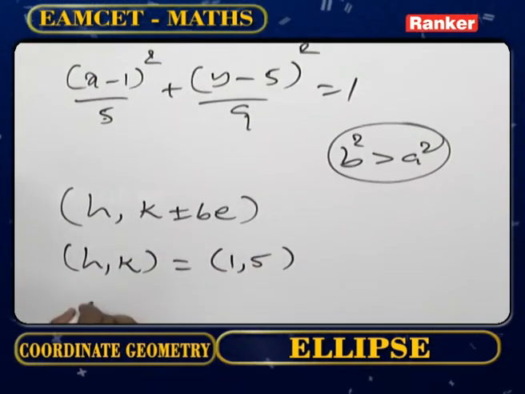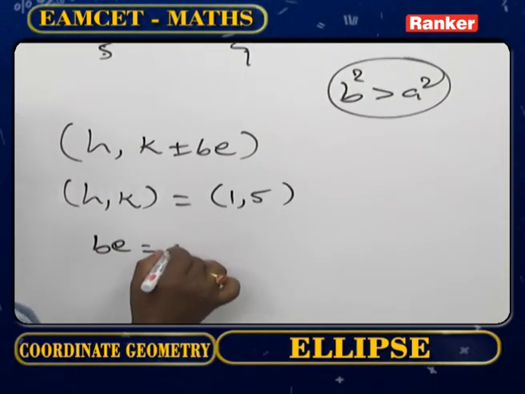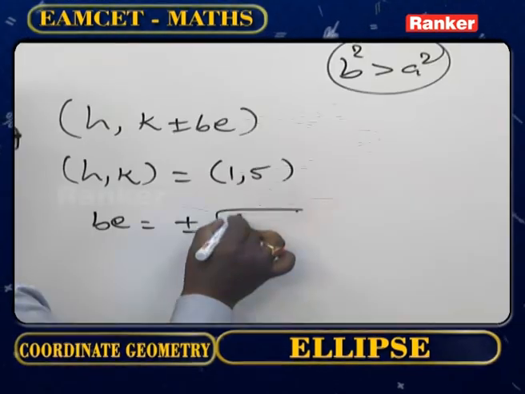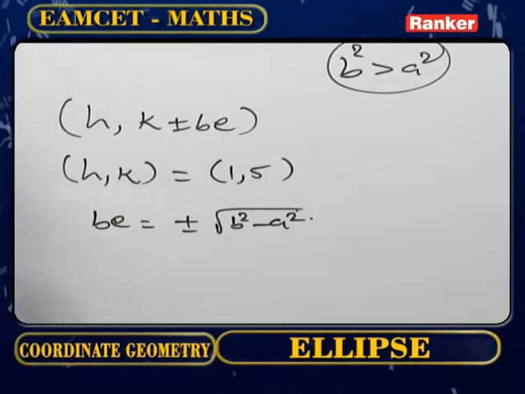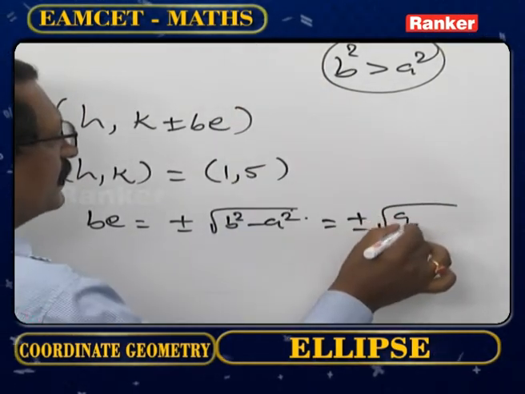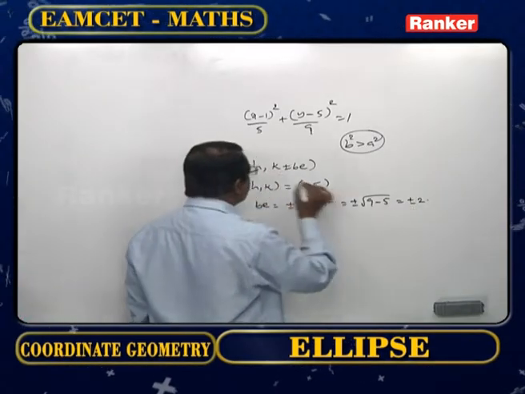Now be equals plus or minus square root of b square minus a square. That equals plus or minus square root of b square, nothing but 9, minus a square, 5. That equals plus or minus 2.